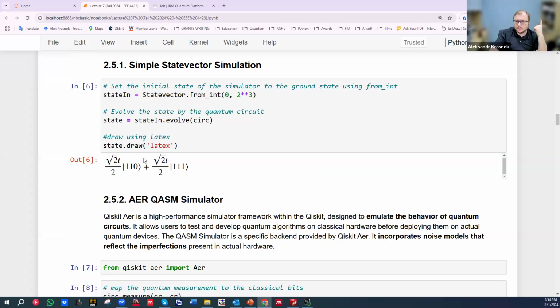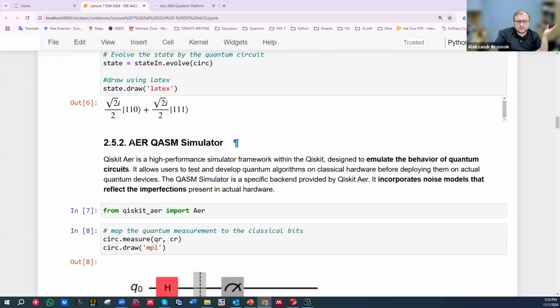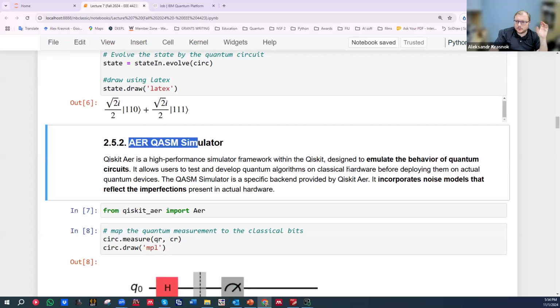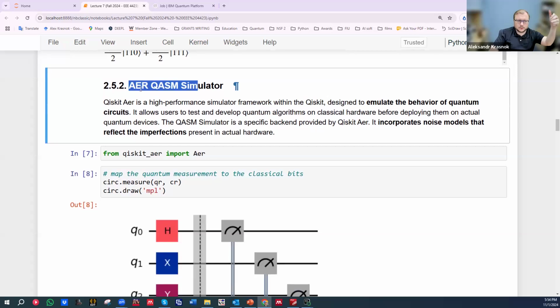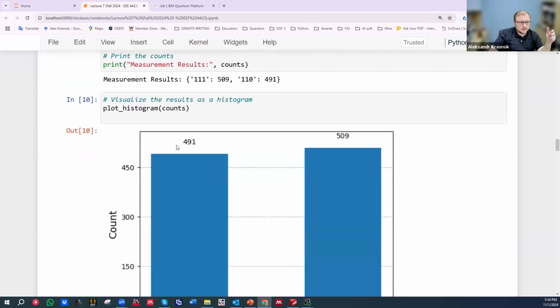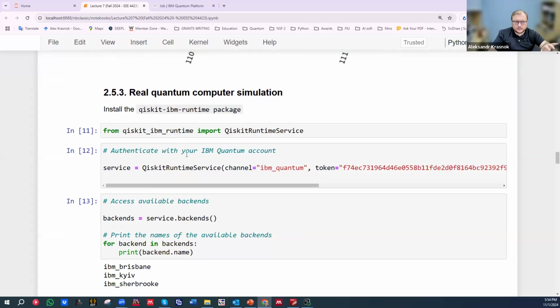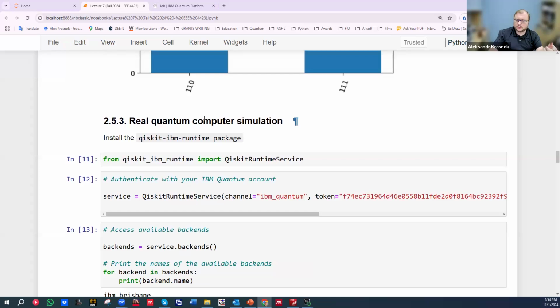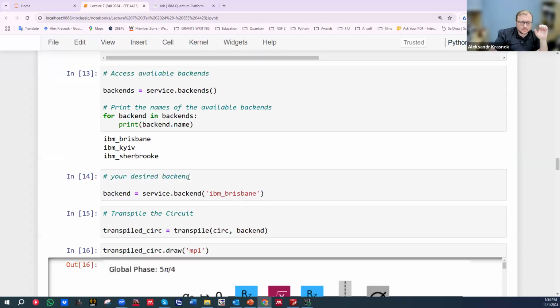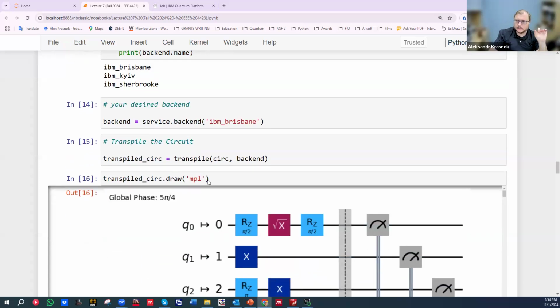One is classical, which means custom simulator, so you apply the approach in chapter 2.5.2. This is the first part. Then for the real quantum computer simulation, you use part 2.5.3. Okay. Do you have any questions about this part?